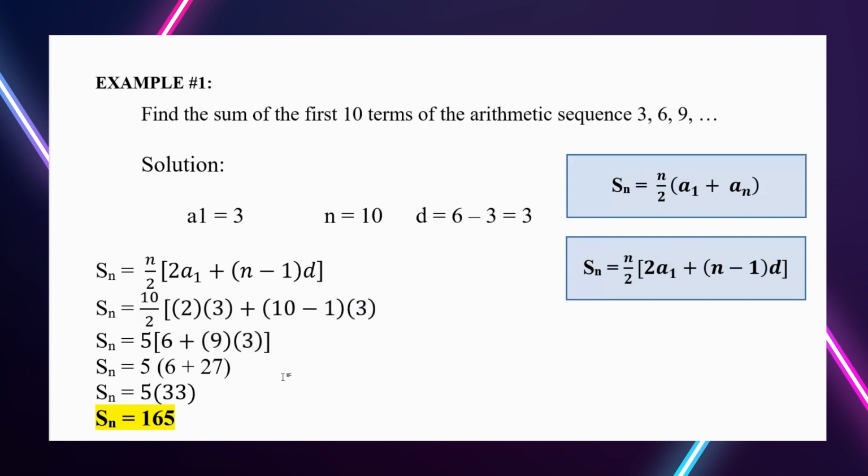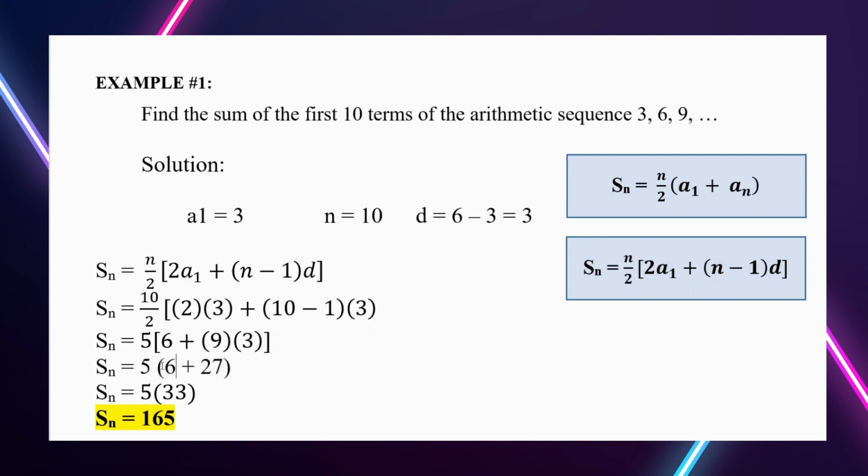So applying the rule of PEMDAS, therefore, una nating isa-solve ang multiplication, which is 9 times 3. So 9 times 3 is 27. Therefore, we have S sub n is equal to 5 times the sum of 6 and 27.